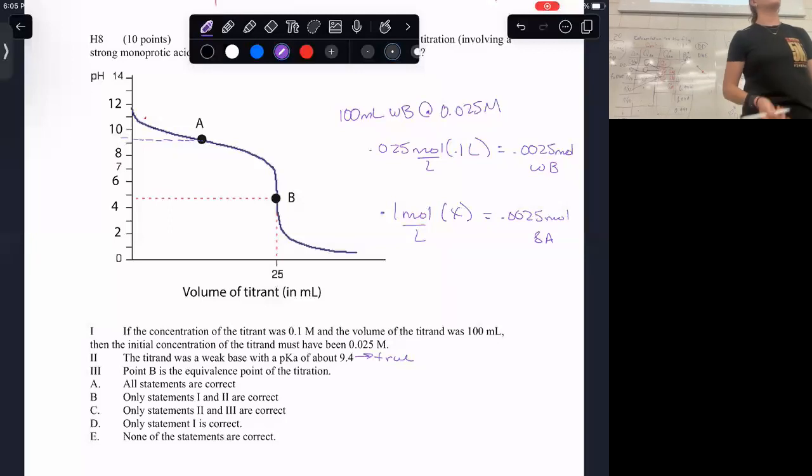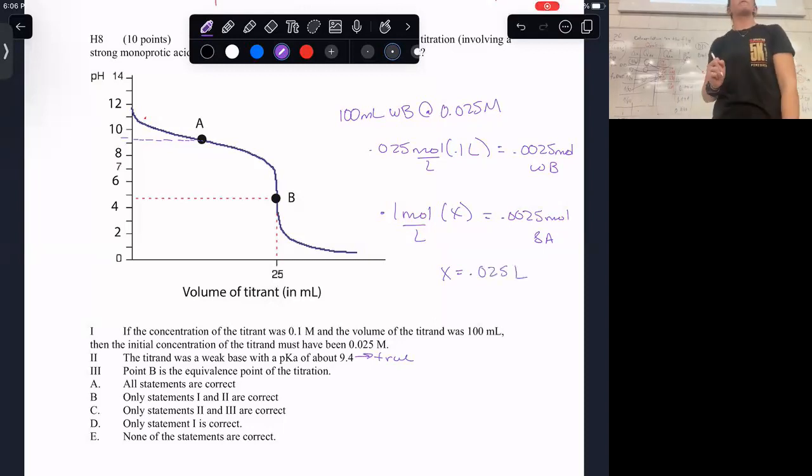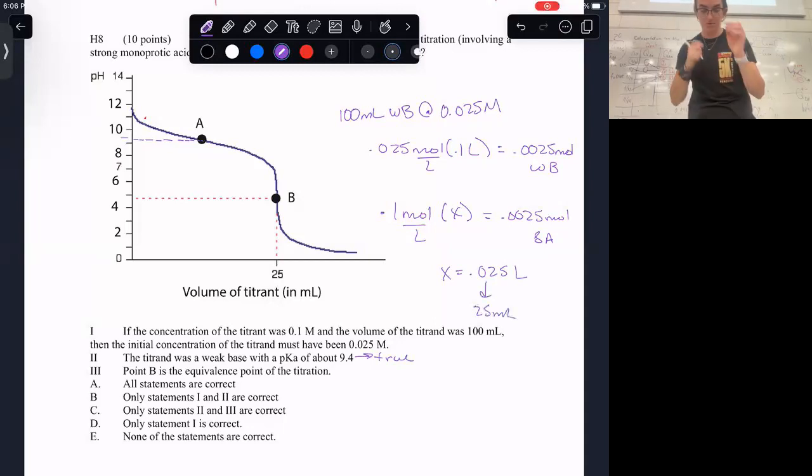If we solve for X here, X will be equal to 0.025 liters, which then results in 25 milliliters.